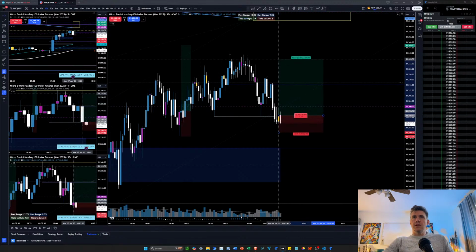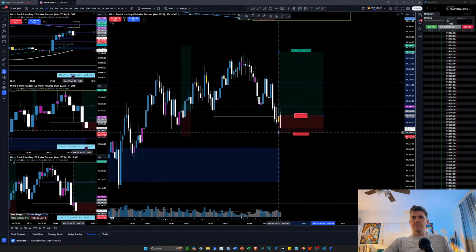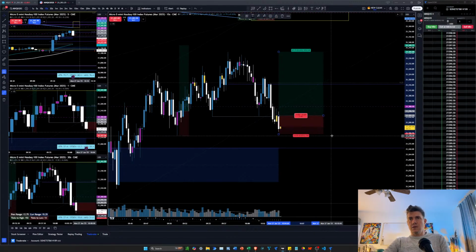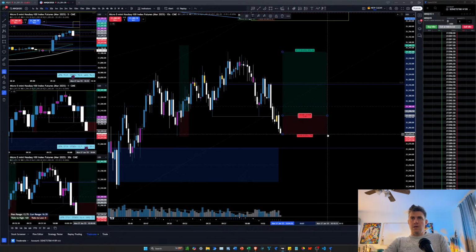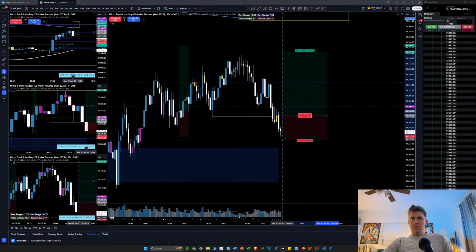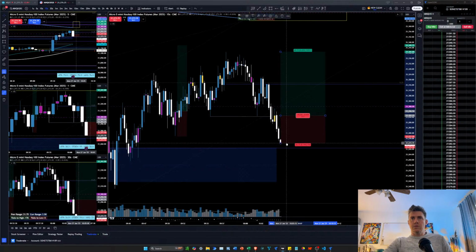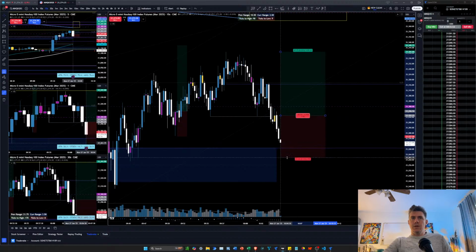Liquidity taken, can't take the first trigger. So now the next trigger that we get long, in theory, could be my play. So this would be the risk, something like this. Beneath the lows. Beneath the lows.